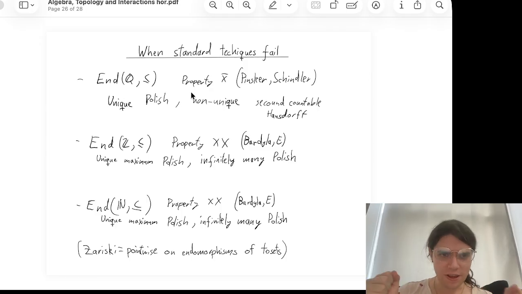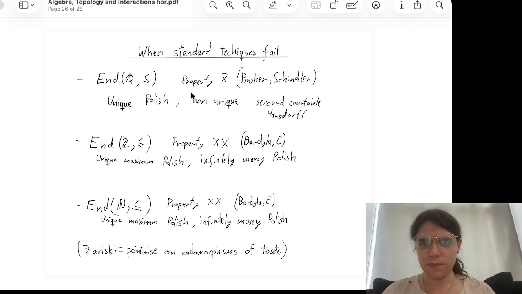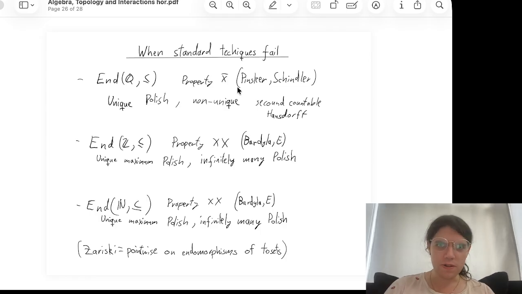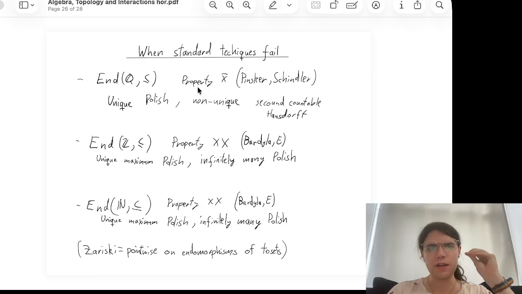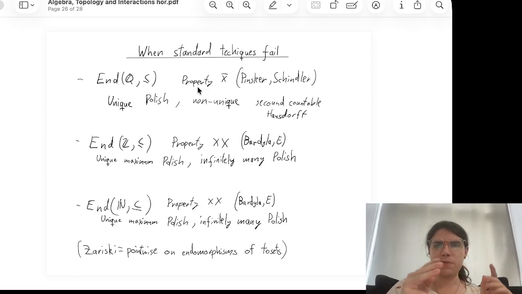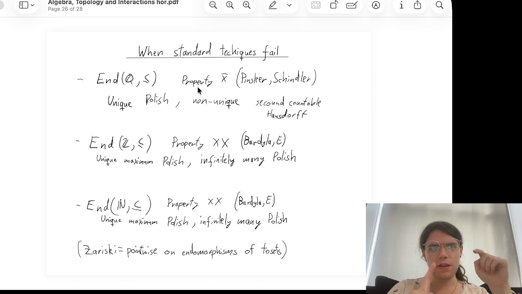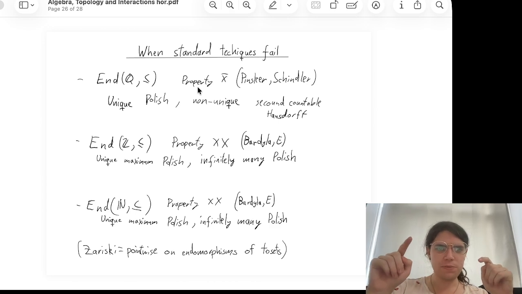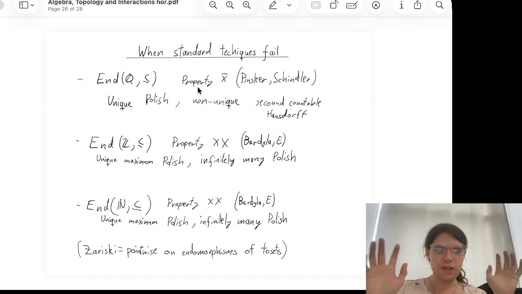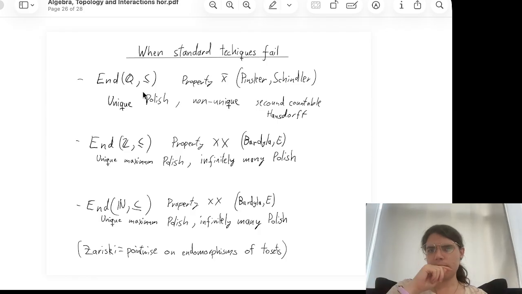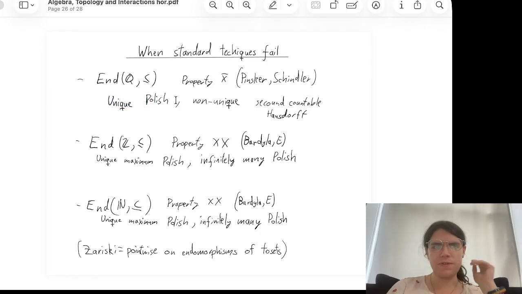It doesn't have property X with respect to its automorphism group, but it has this thing that Pinsker and Schindler called property X bar, which is quite interesting because unlike many of the previous examples, this group has larger topologies than the pointwise topology, which are second countable and Hausdorff. They're just not Polish. But you can still use this to prove there's a unique Polish one, which I think is quite interesting. So the endomorphism monoid of Q has the best topology, the pointwise topology, but this is a very non-obvious result.